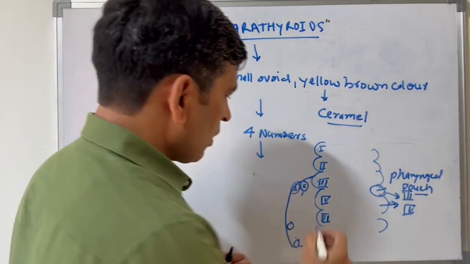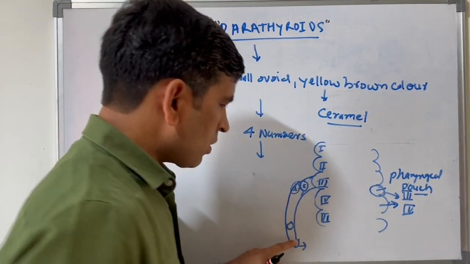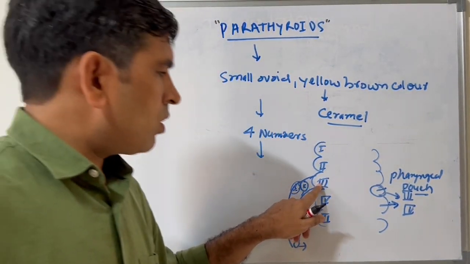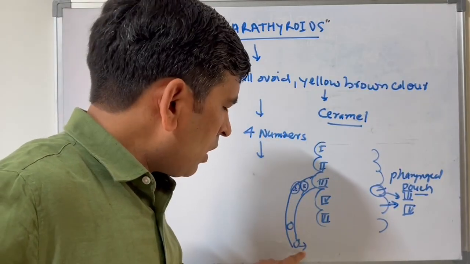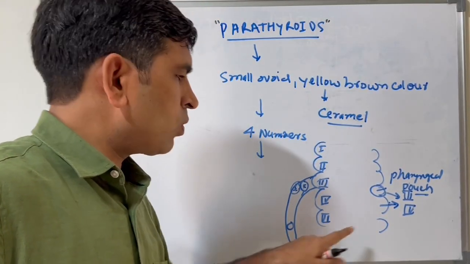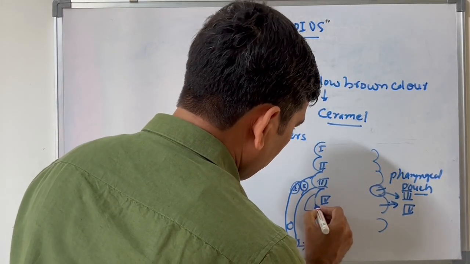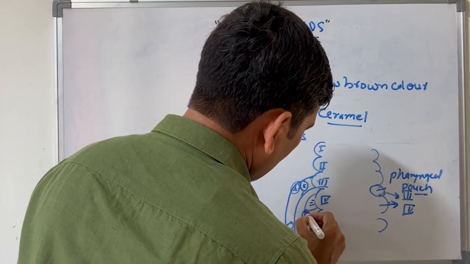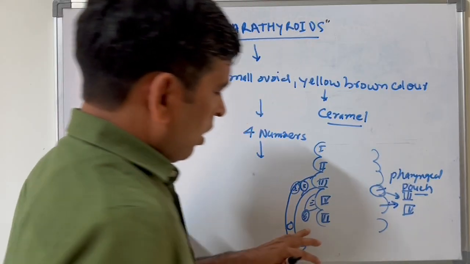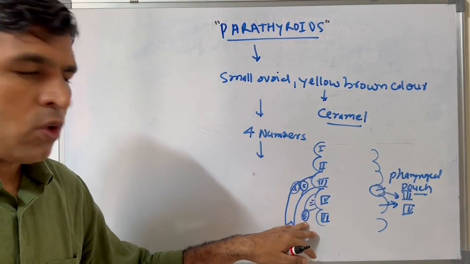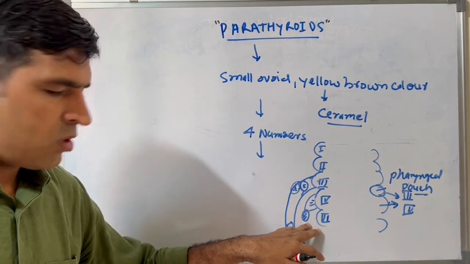Because of this, the inferior parathyroid goes to an inferior location relative to the superior parathyroid, and the superior parathyroid, which develops from the fourth pouch, ends up behind the middle of the thyroid tissue.